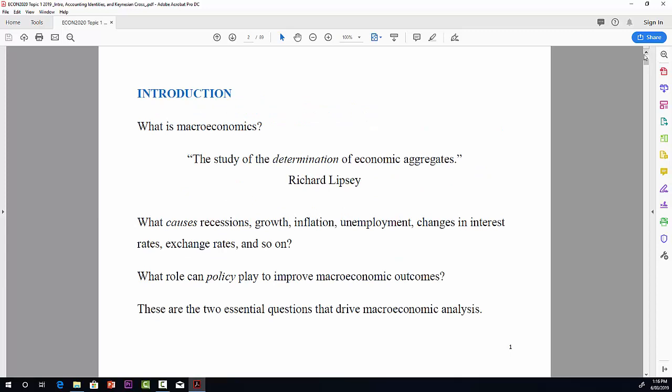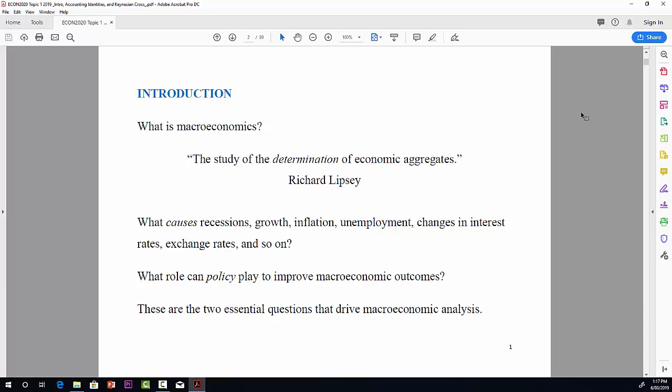Okay, we'll start with a very basic introduction and a basic question that I think should always be asked in a course like this. What is it that we're trying to do? What is macroeconomics? Well, there are lots of different definitions that you can find for macroeconomics.